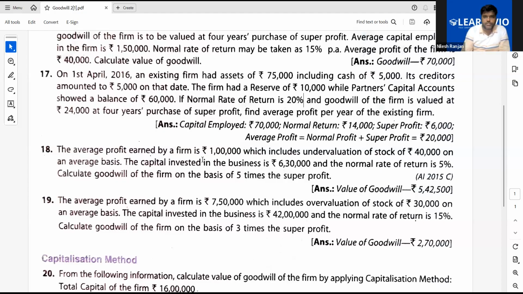So the profit of the firm is 1 lakh and undervaluation of the stock. There is decrease in value of the stock, 40,000.